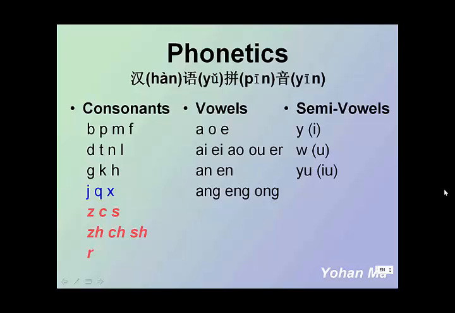But if it's in the middle of the pronunciation, let's say Tian, T-I-A-N, the Y should be changed to I. So Y and I are the same, only written differently by position. At the beginning of the sound, it's Y, W, and YU. In the middle of the sound, it's I, U, and E-I-U.